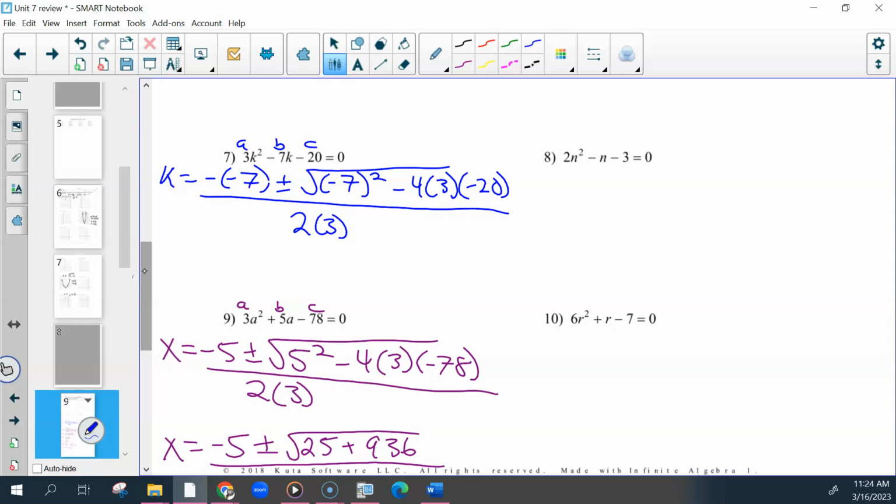And then you can start to simplify. So 7 plus or minus the square root of, what's negative 7 squared? Not negative, positive. And then negative 4 times 3 times negative 20. Use your calculator.